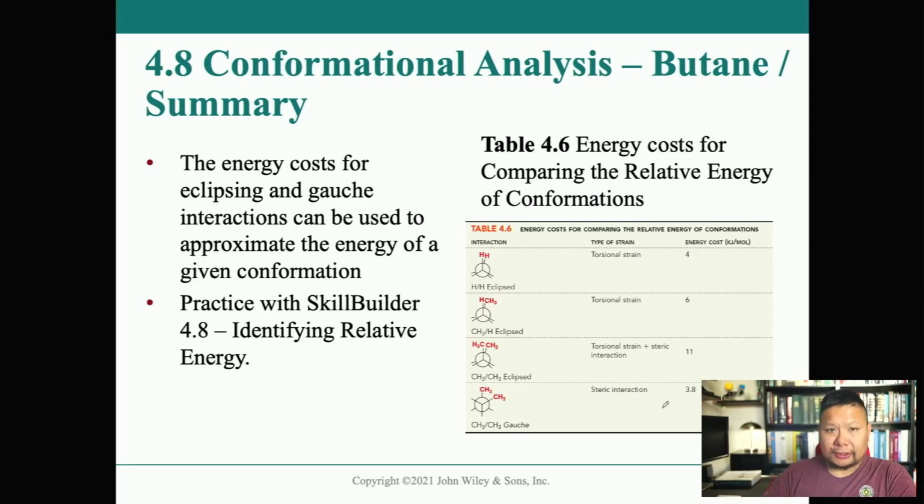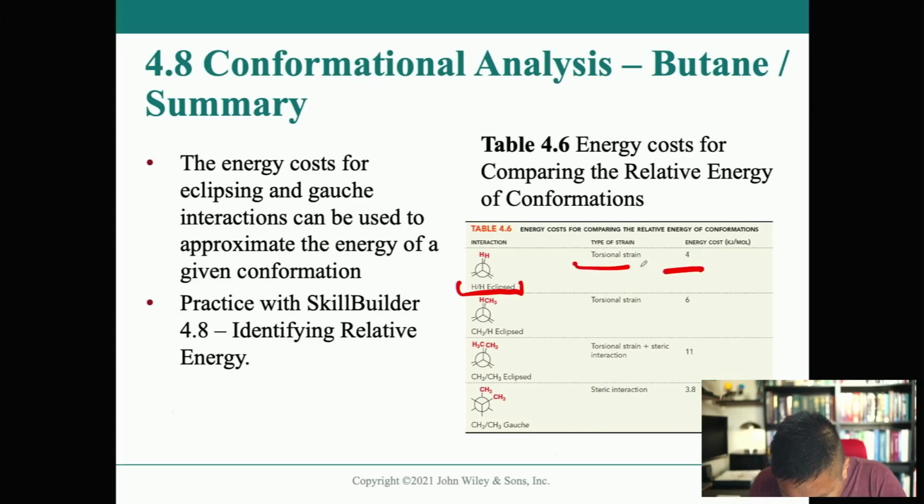Okay, so now we have a little chart here comparing the different energy costs involved in the rotation of that sigma bond. The energy costs for eclipsing and gauche interactions can be used to approximate the energy of a given conformation. So here you see the two hydrogens when they eclipse, only 4.